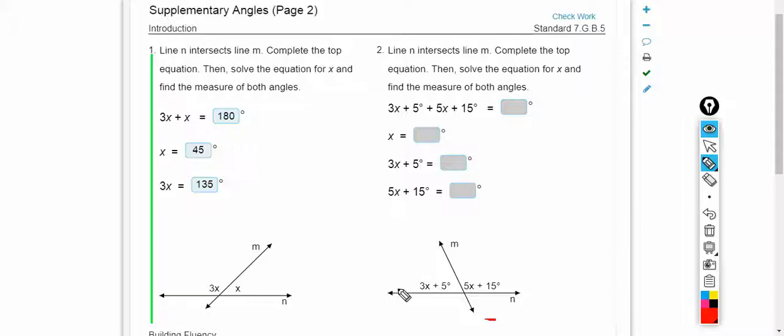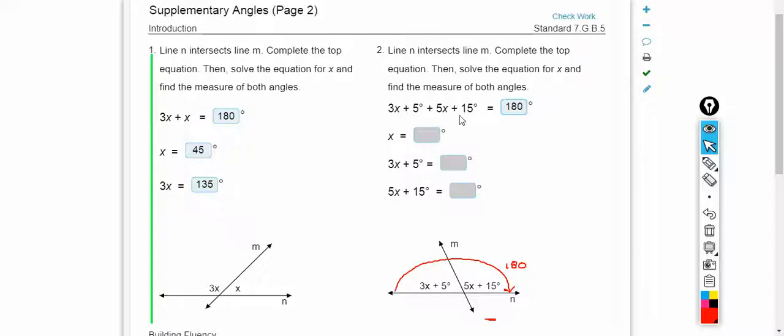Again, we know that when we combine these two angles represented by equations, they're going to come out to a total of 180 degrees. So we can put 180 degrees.